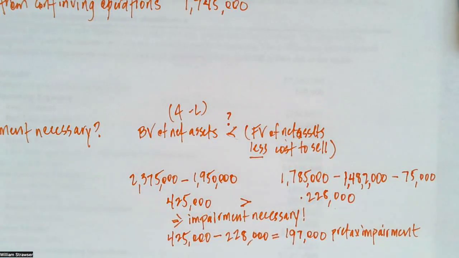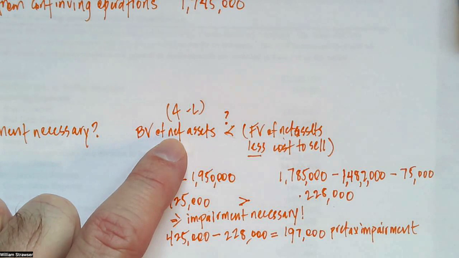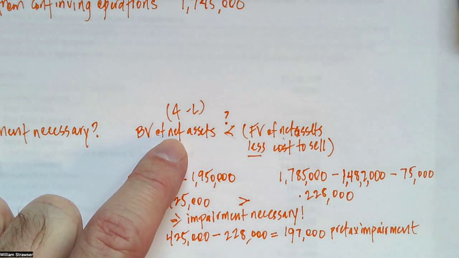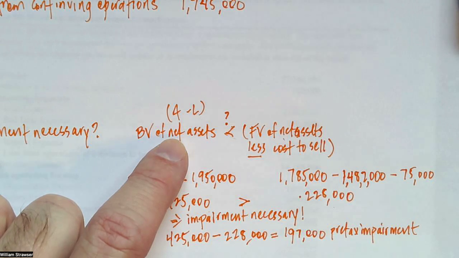Now, what this is intending to do, why we have to check for impairment when we haven't sold the item, is we're trying to sell these net assets. And if we're going to sell them, we can only sell them for their fair value. Normally, we wouldn't worry about marking them down to fair value, but now we have a reason to do that in an accounting context because we're trying to sell them. So what makes more sense than portraying the value of something I'm trying to sell than putting it at the value that I think I could sell it for, right?